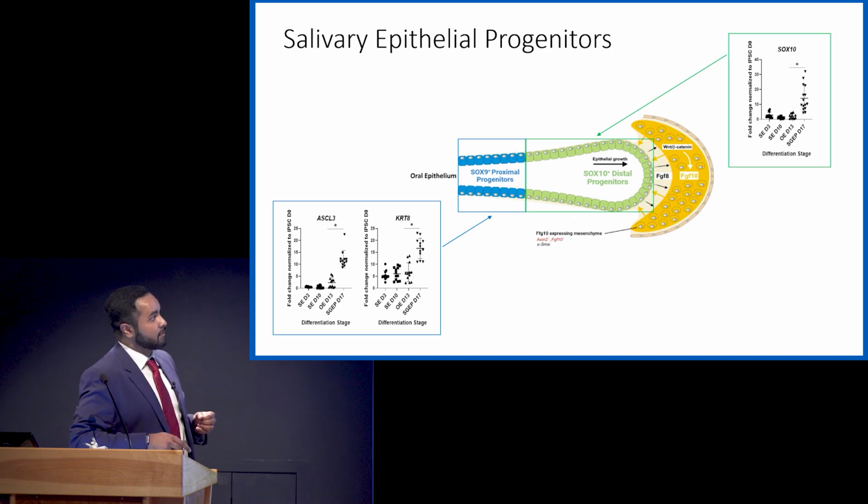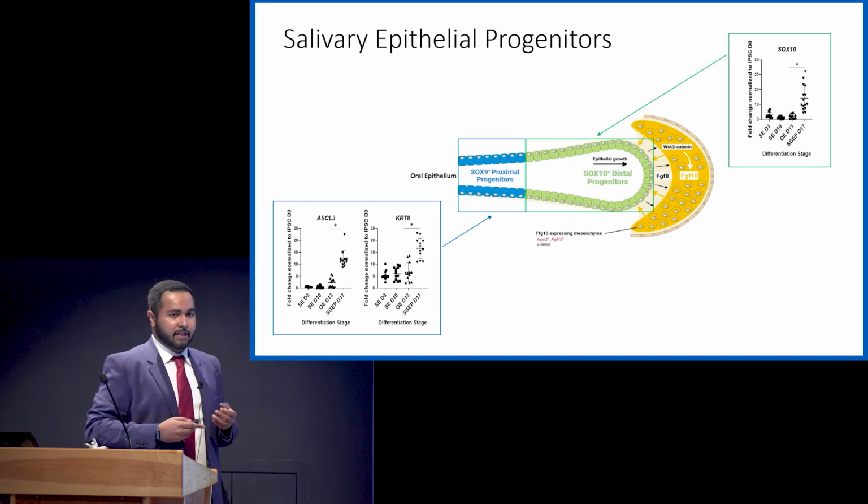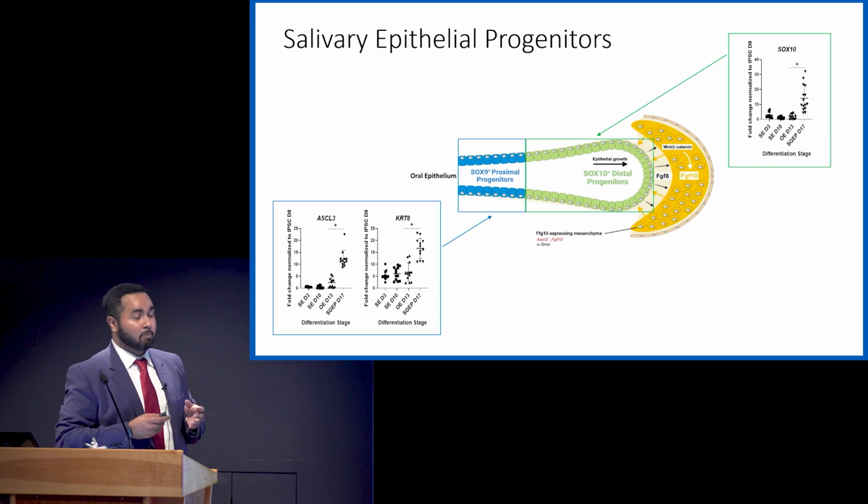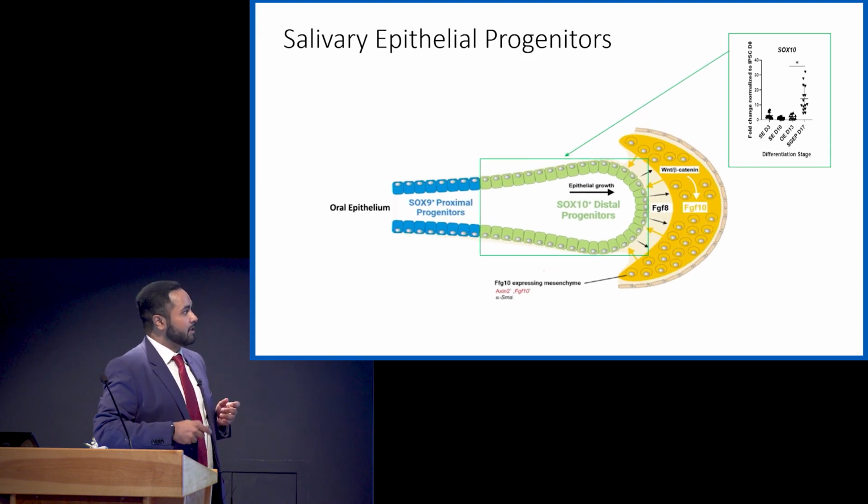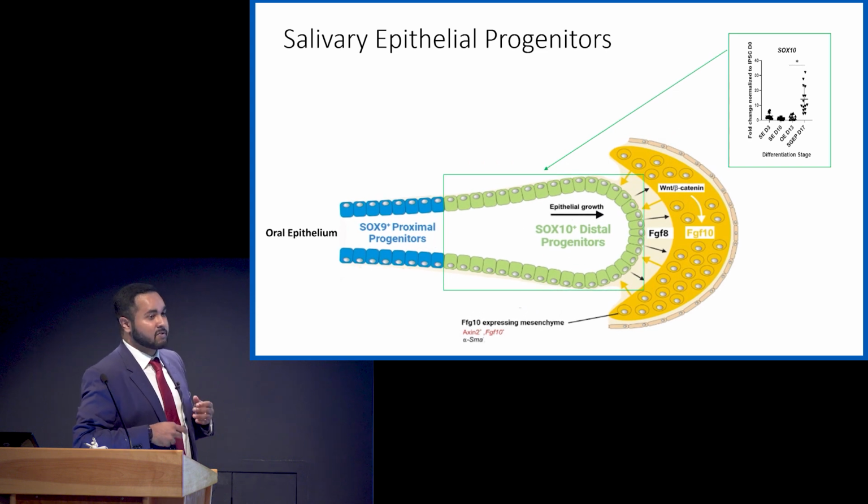That was also upregulated at day 17. These two results together showed that our cells were primed to go down either of the two routes, but we will be focusing on these SOX10 progenitors because we want to get to the acinar cell type and not the ductal in this case.